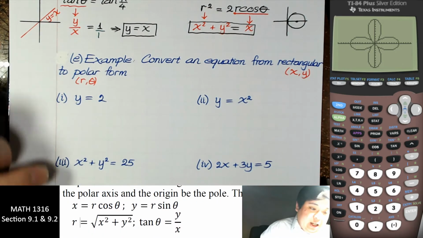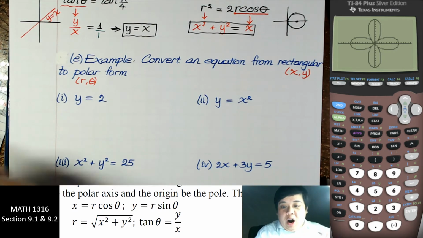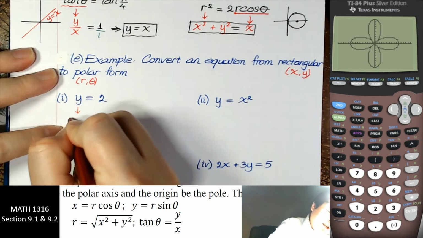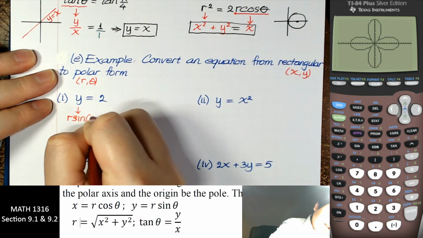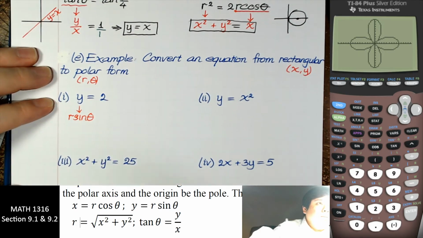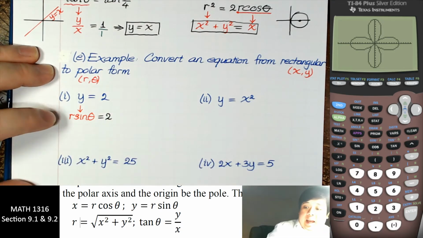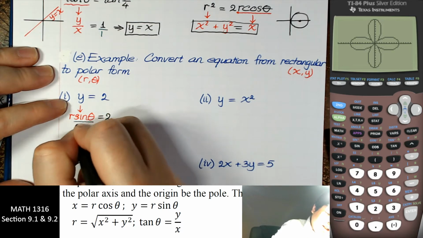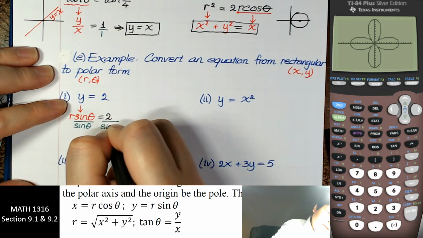Right. So y, we are given y. We need to change this into r and theta. That's easy. y is r sine theta, right? And then if we want to solve for r, just go ahead and divide by sine theta on both sides.